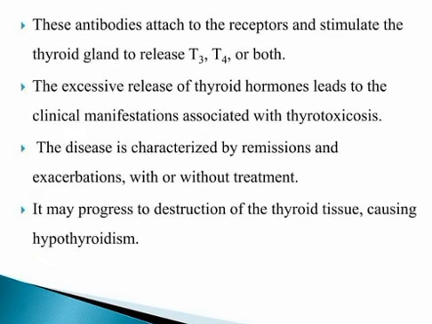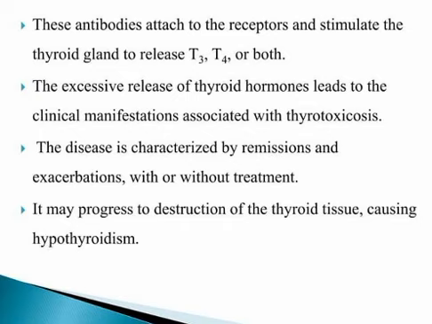Next, these antibodies will attach to the receptors and stimulate the thyroid gland to release T3, T4 or both hormones. So we know that thyroxine hormones are the hormones which are secreted by the thyroid glands.